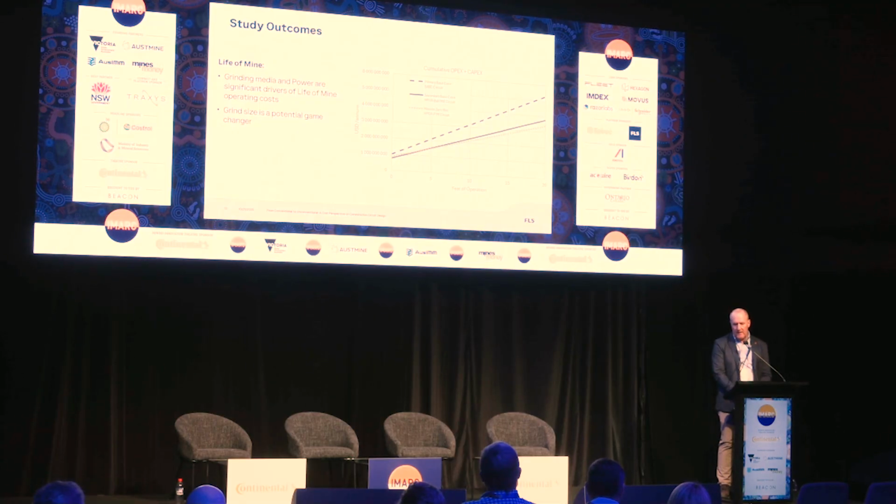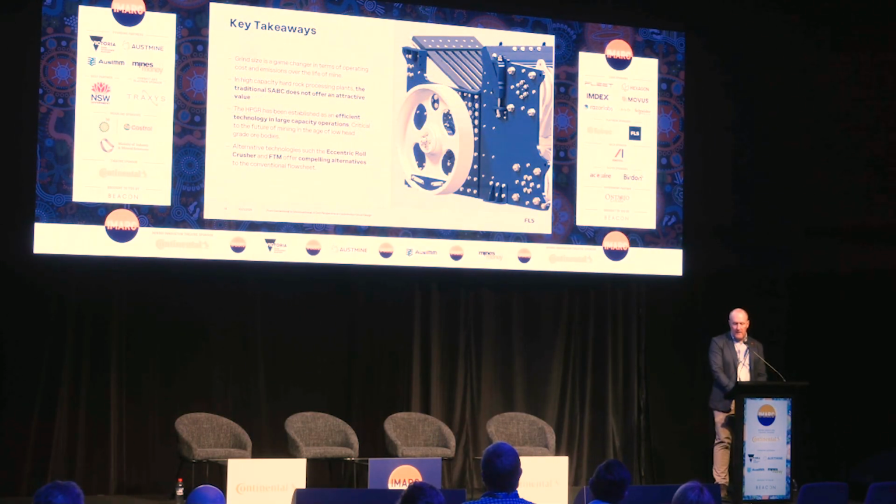In terms of our key takeaways, grind size is something that we really need to target. I think there is, as a holistic approach, obviously our novel and unconventional grinding technologies, that's where we can offer some savings and we can certainly challenge the norms there.